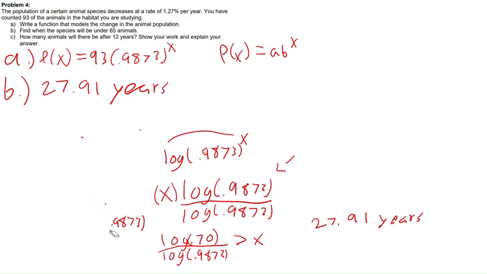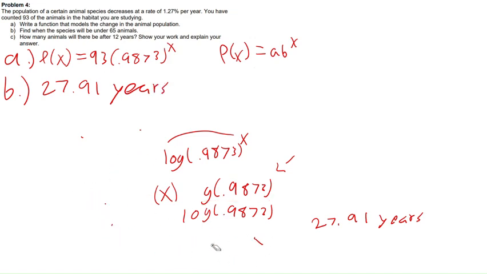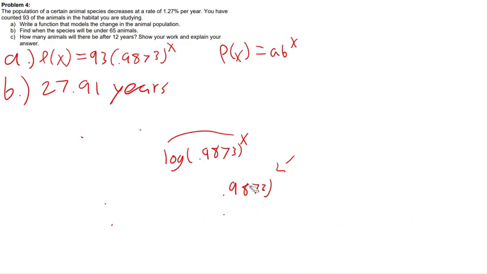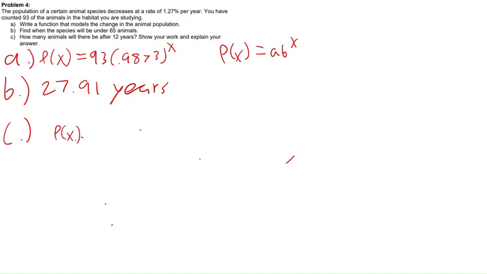All right, so for C, we just have to plug in 12 for x, because it says how many animals will there be after 12 years. So using this equation up top at the A right here, we could do P of x equals 93 times 0.9873 to the power of 12.